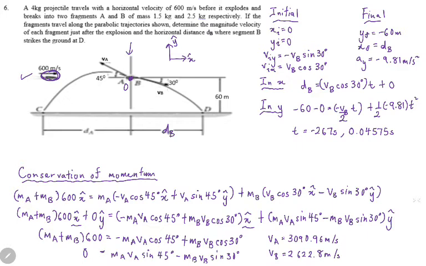The fragment of mass B moves in positive time, so the value of time that we'll use is 0.04575 seconds. With that time information, we can find dB, which, if you multiply the values, should give a value of 103.9 meters. Okay, so that's the answer for dB.